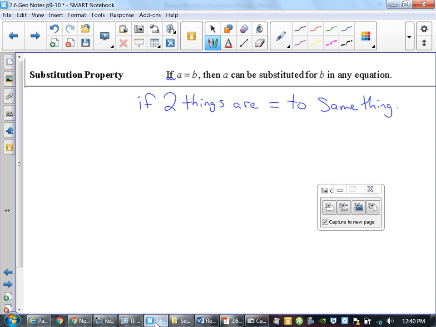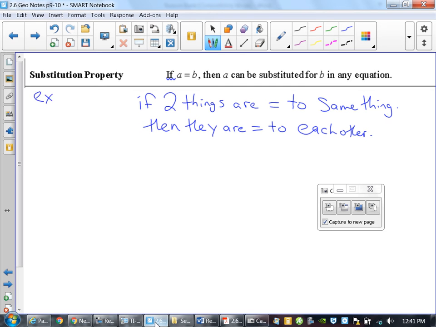So if 2 things are equal to the same thing, then they are equal to each other. You're basically putting something in for something else. Okay? Now, a real easy way of writing that out where you could see it very clearly is the following.